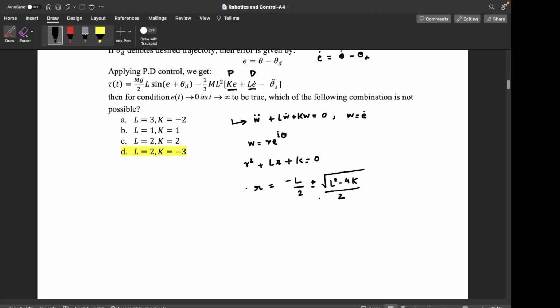We can ensure that if the square root part becomes imaginary, so minus L by 2 will take care of that requirement. The condition that we take is that L square minus 4k should be less than 0.